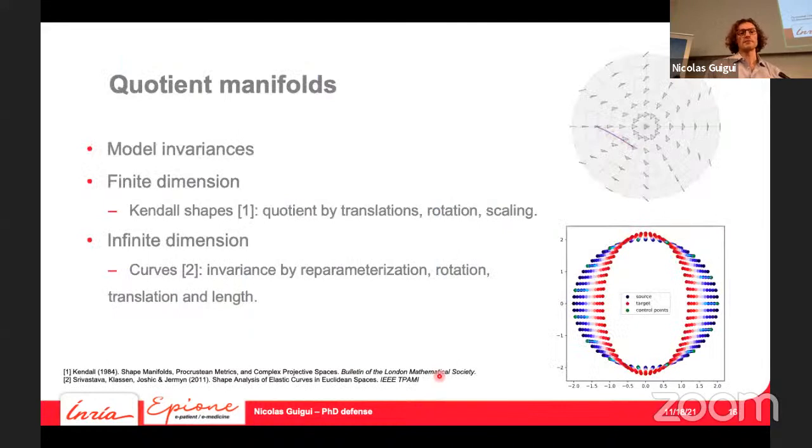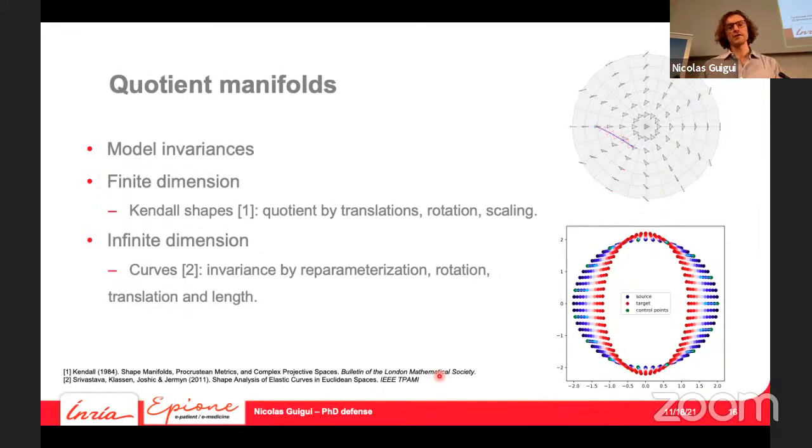But manifolds are mainly useful to model more abstract and higher level properties, and in particular to model invariance properties. For example, in finite dimension, the space of Kendall shapes is defined as what remains when we remove from a configuration of landmarks the effect of translation, rotation, and scaling.